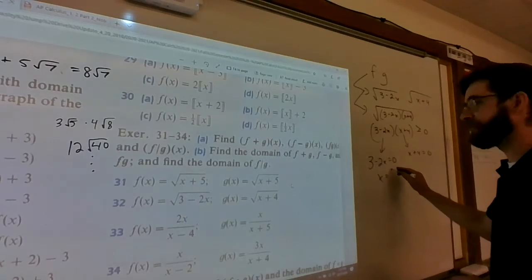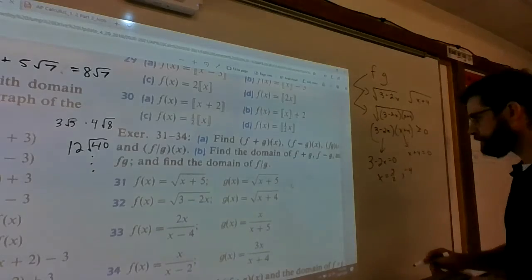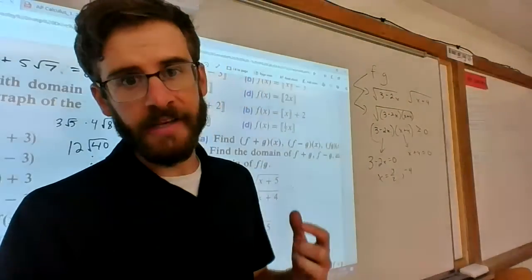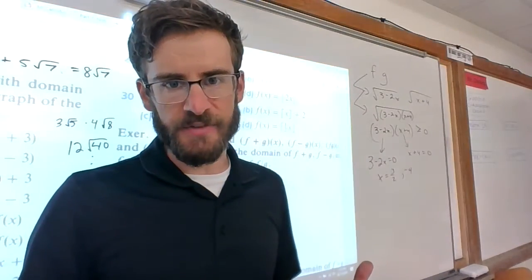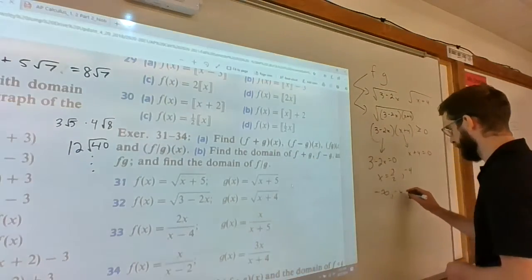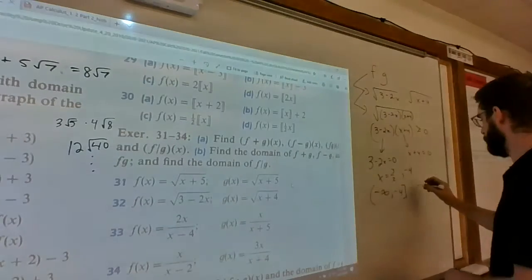This is 3 halves, and this is negative 4. So we set up our intervals from negative infinity to negative 4, to 3 halves, and then 3 halves to infinity, to kind of test things out and see where this function lives. We're going to use brackets because of the greater than or equal to.